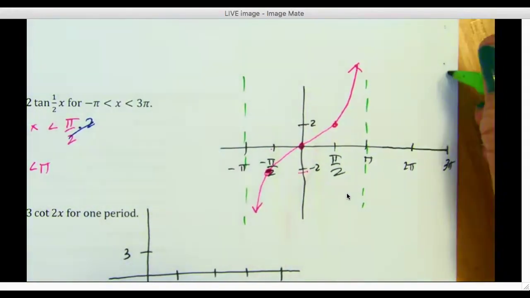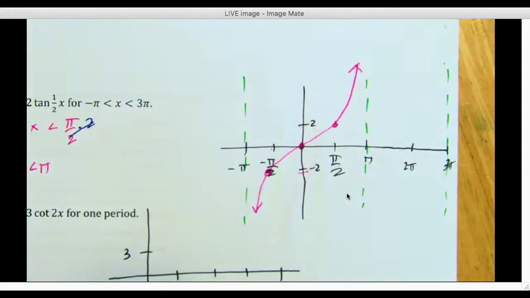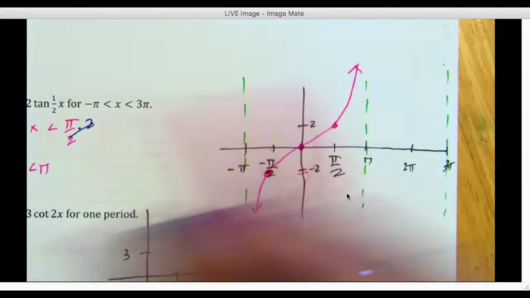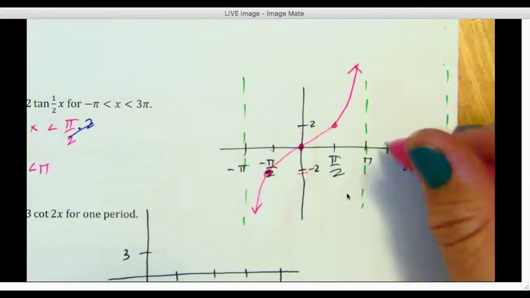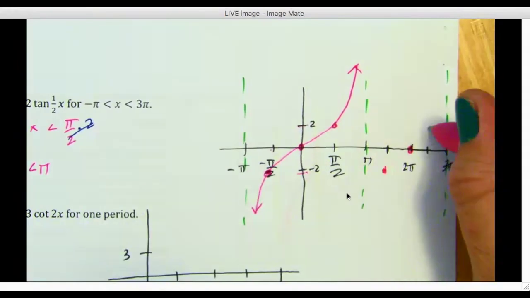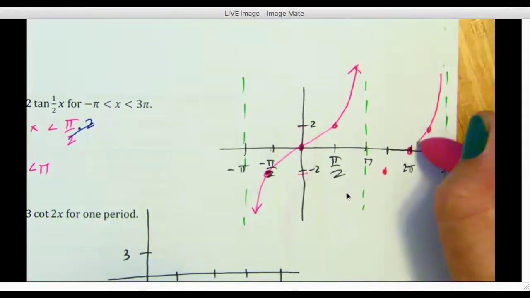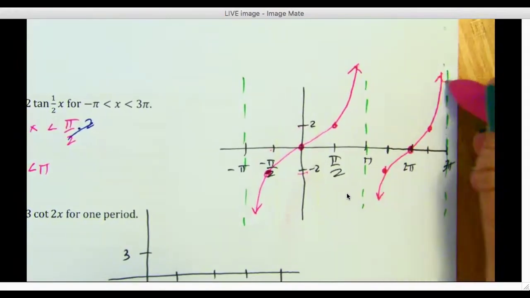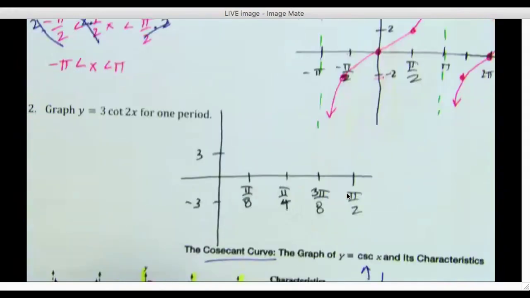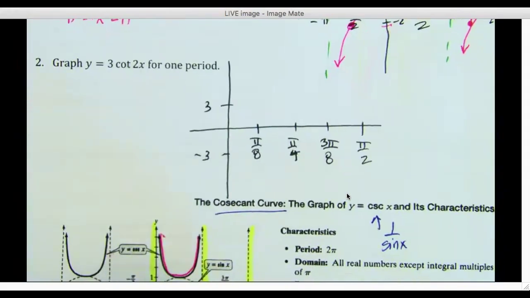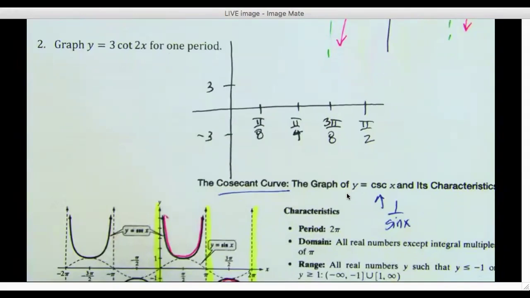So 3 pi would be my next asymptote. And then my quarter points here, my halfway point starts low, goes high. And there's the next period of tangent. Okay, next time better planning when I don't leave myself enough space on the page.